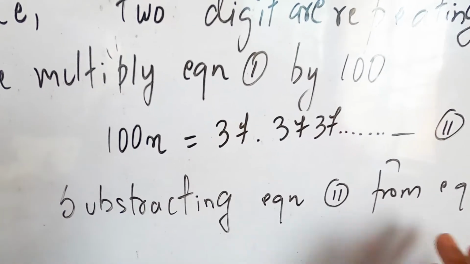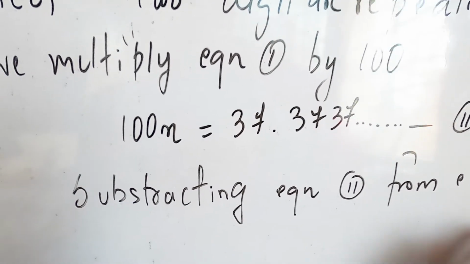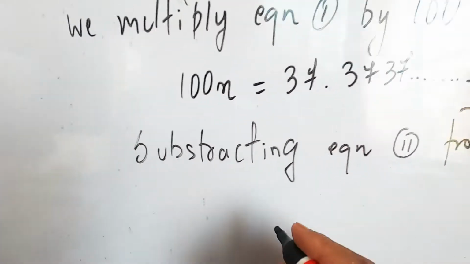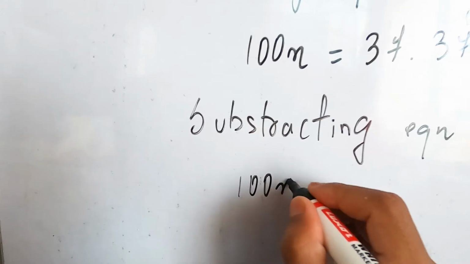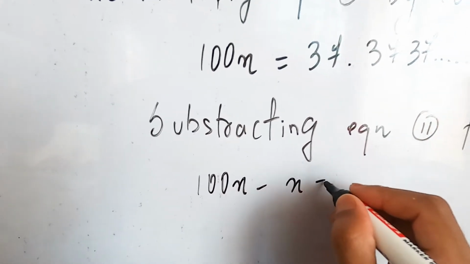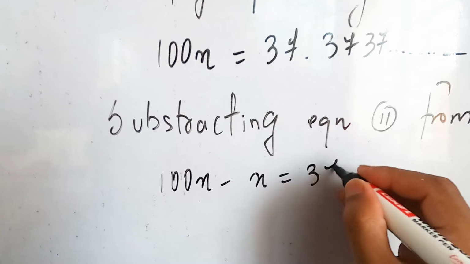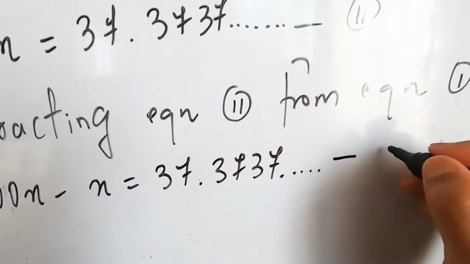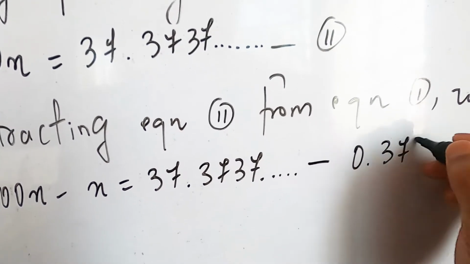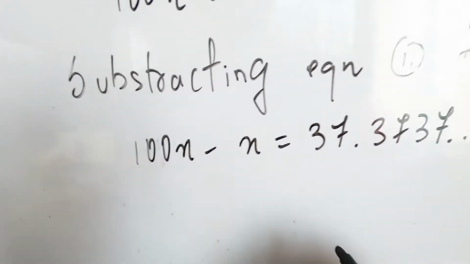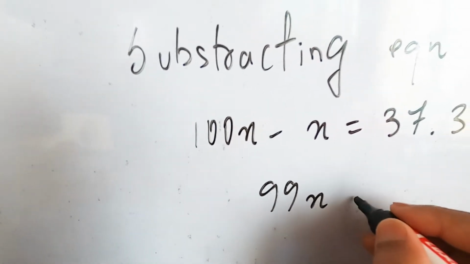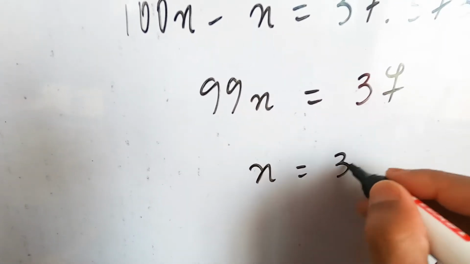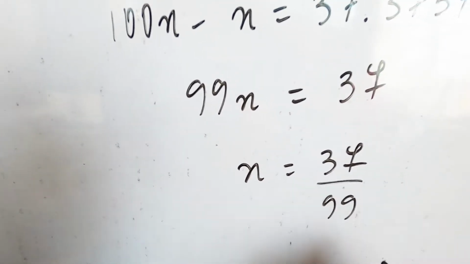Then next, exactly as in question number 3, subtracting equation 2 from equation 1, we have 100x minus x equals 37.3737 minus 0.3737. Therefore it will be 99x equals 37, so x is equal to 37 by 99.